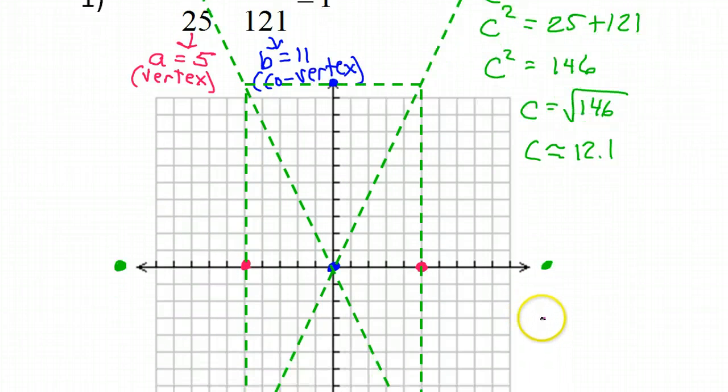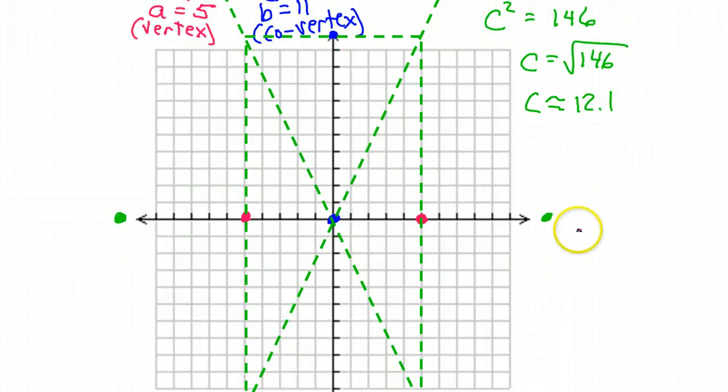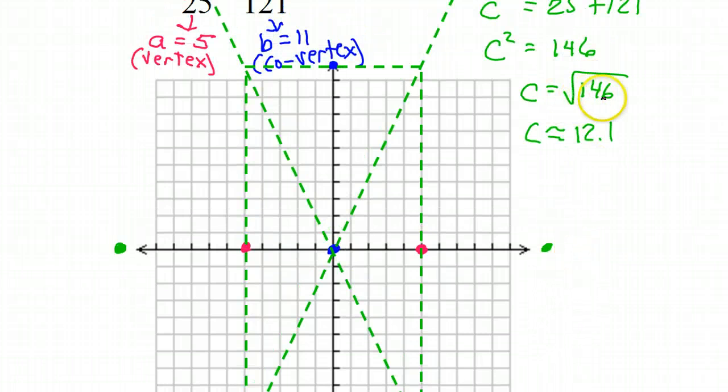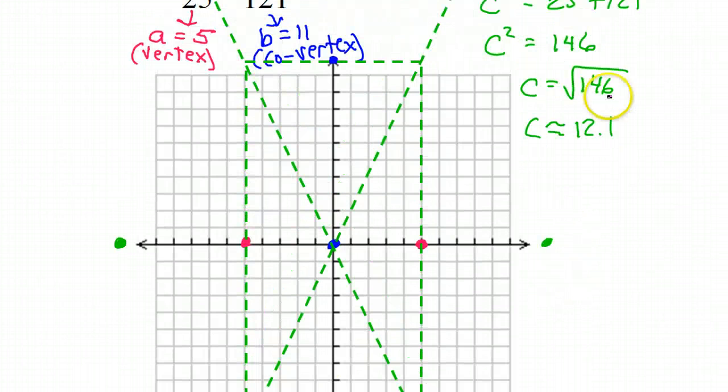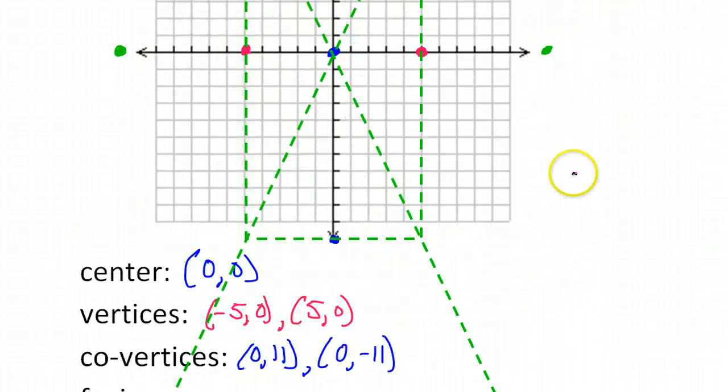Okay, so your foci are going to be off the grid about there. Now as far as naming them, I'm not allowed to use these decimals. And square root of 146 doesn't simplify any more than that. So just keep that in your head, radical 146. So really, considering that we started from 0, we're going to go right radical 146, and left radical 146.